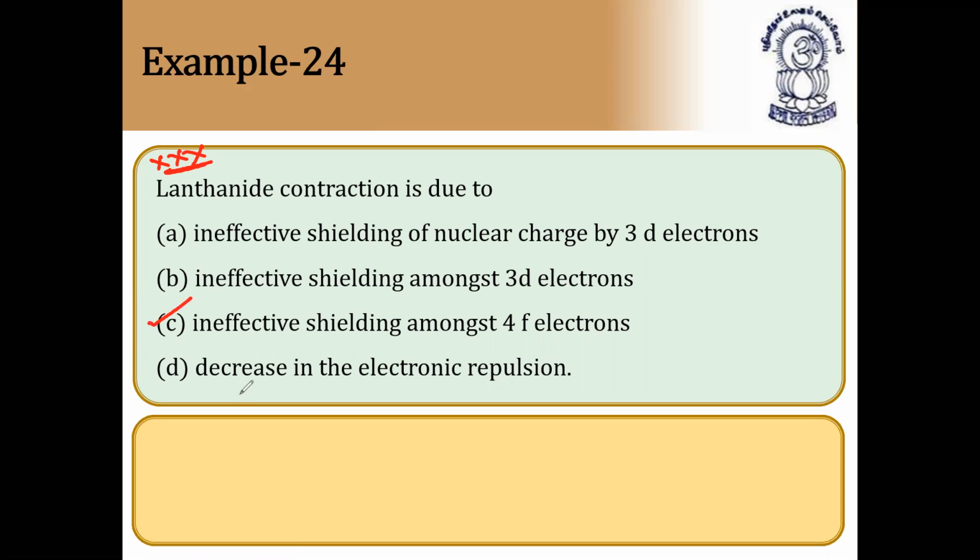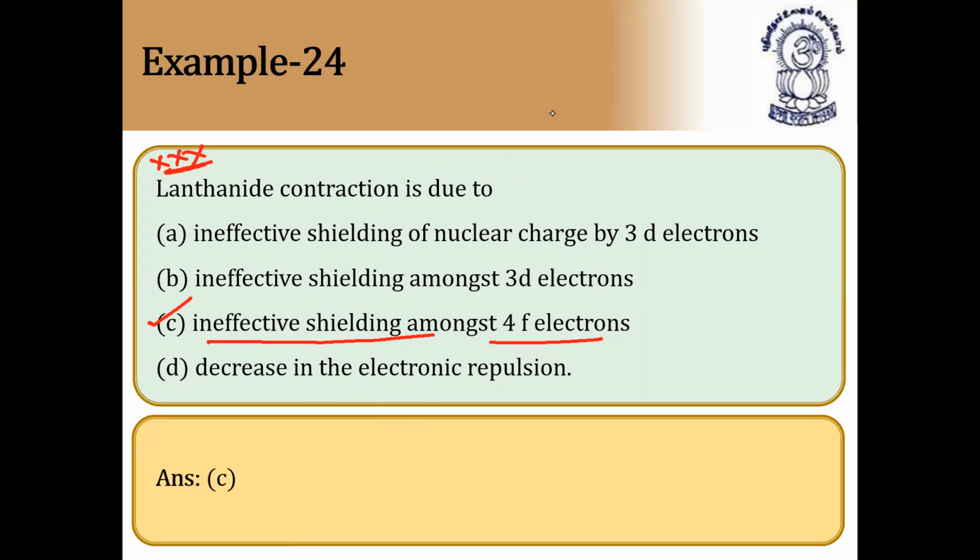So the answer is the third option, and decrease in electronic repulsion is wrong. So the option is only C, because it is found in 4f electrons. It is only due to ineffective shielding amongst 4f electrons. The consequences of lanthanide contraction are also important. Please study that also. I have given it clearly in the lectures. So the answer is the third option.